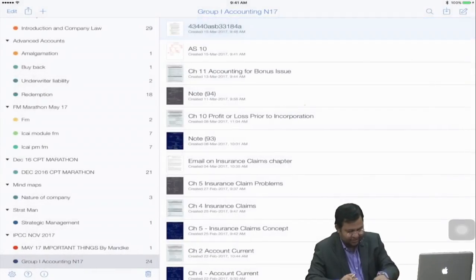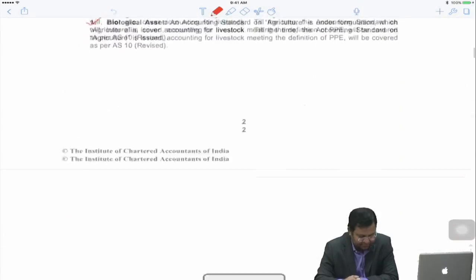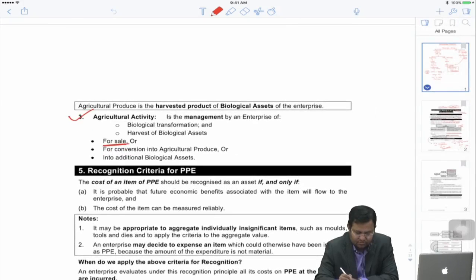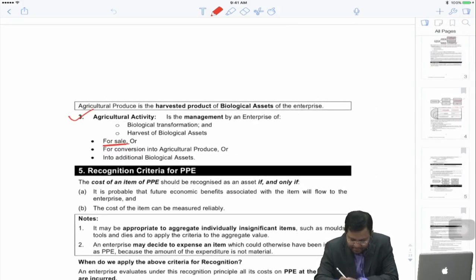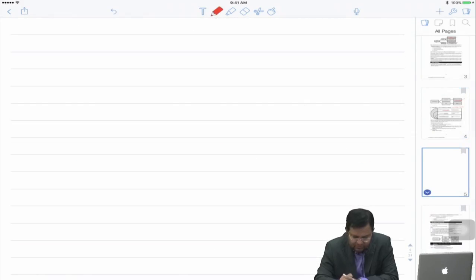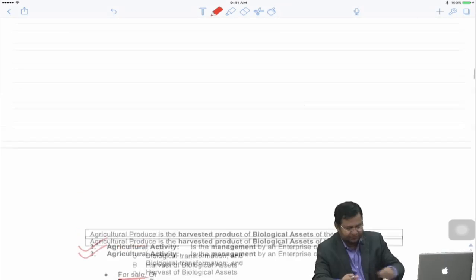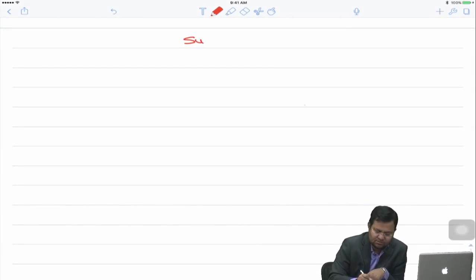बिफोर वी गो टू रिकॉग्निशन, ये सब पॉइंट्स के ऊपर we should have a summary of all the points that I discussed. Summary of scope.